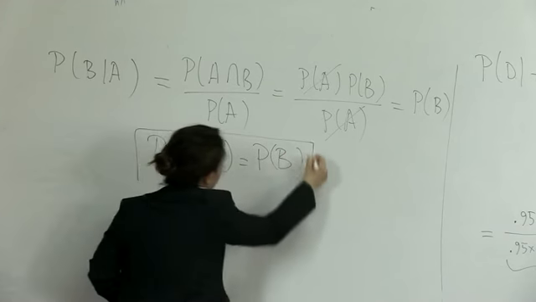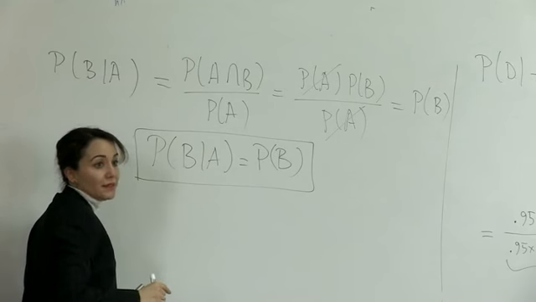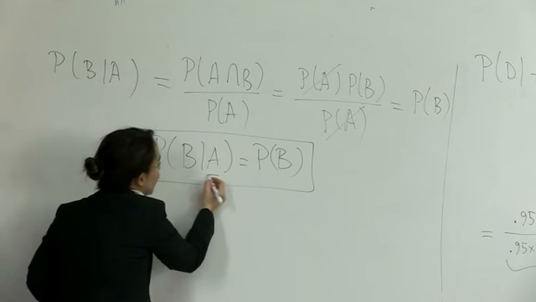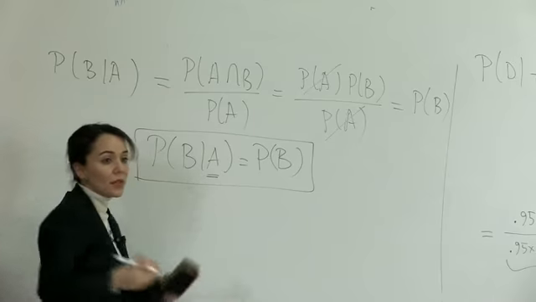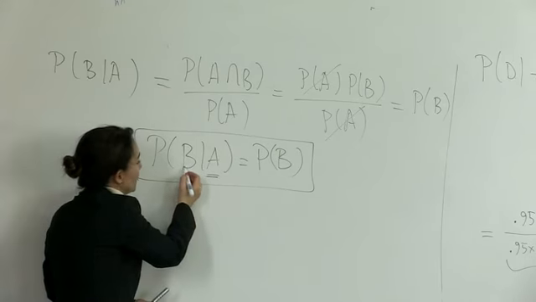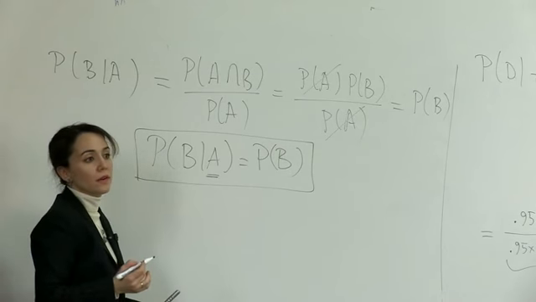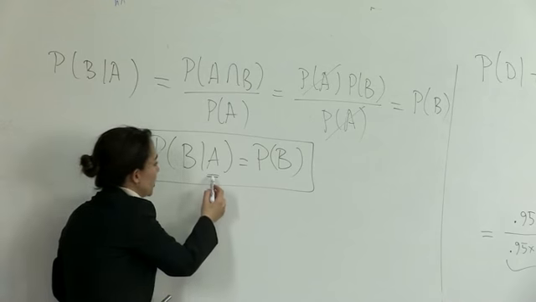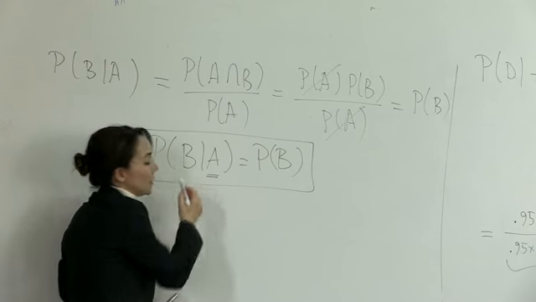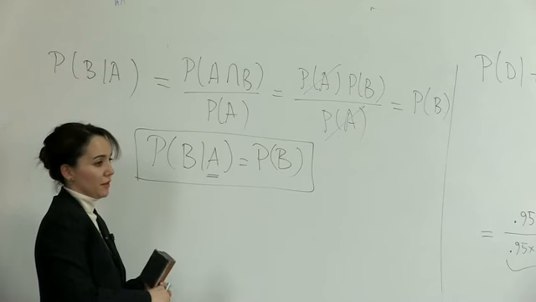Think of this a little bit. What does this tell you? This tells you that given that A happened, B doesn't care. The probability of B does not change at all. This information that A happened does not change the probability of B occurring.